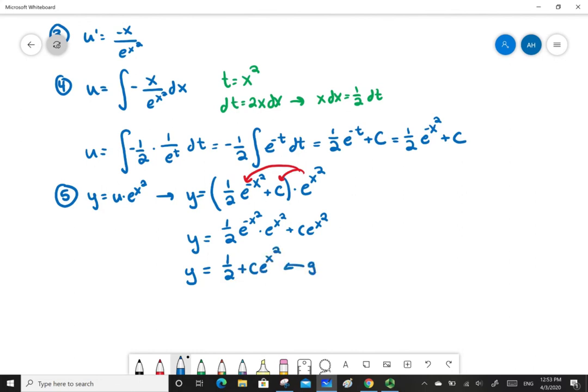So our general solution is y equals 1/2 plus c e to the x squared.